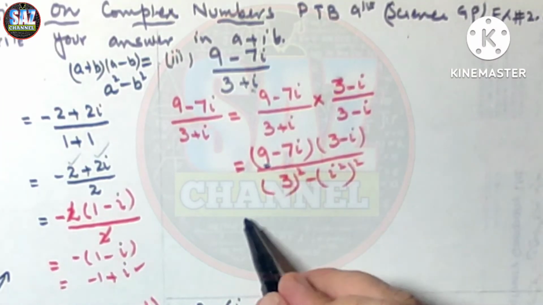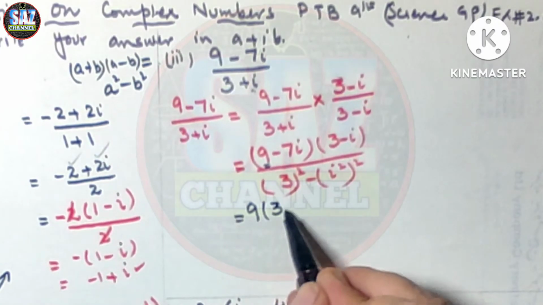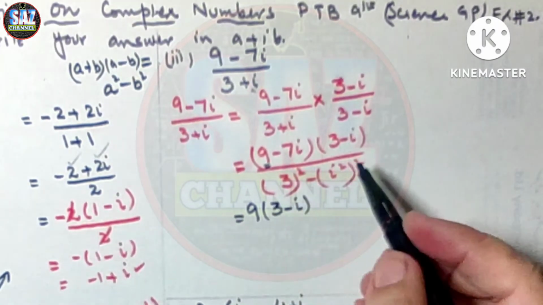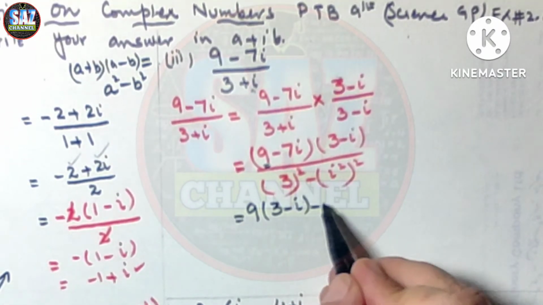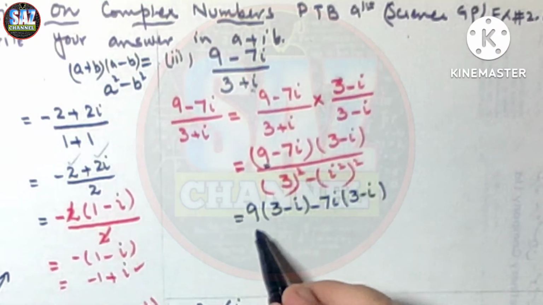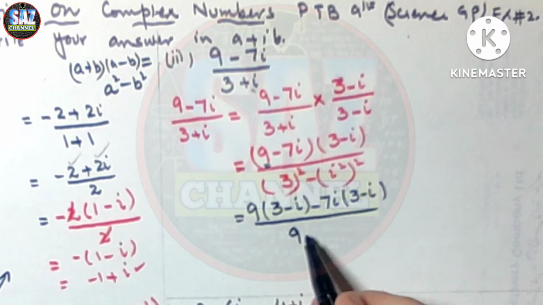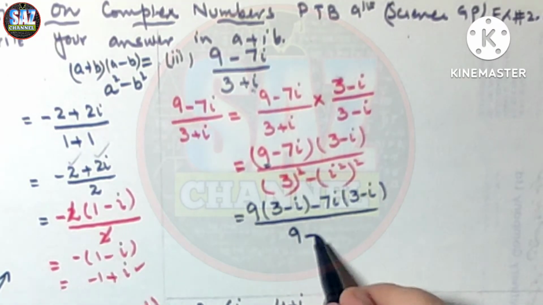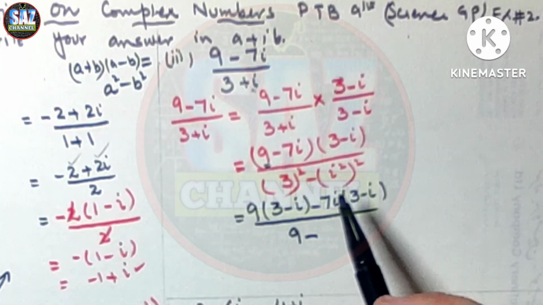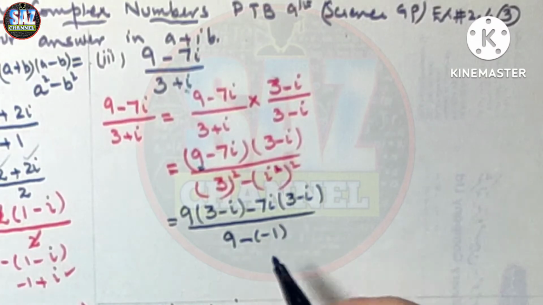I have to take 9 and I have to write it with the second whole bracket minus 7 iota into 3 minus iota upon 3 square is 9 minus iota square, this is minus 1.